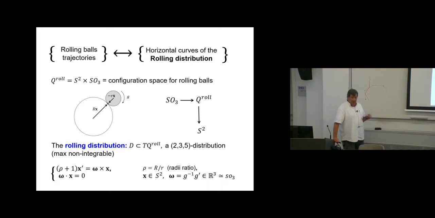There are other cases when it is a flat 2-3-5, a Cartan distribution. For example, there are surfaces of revolution rolling on a plane. That's the first thing you would try, but they have to be of very special shape to give a flat 2-3-5 distribution. But this is still a mystery.